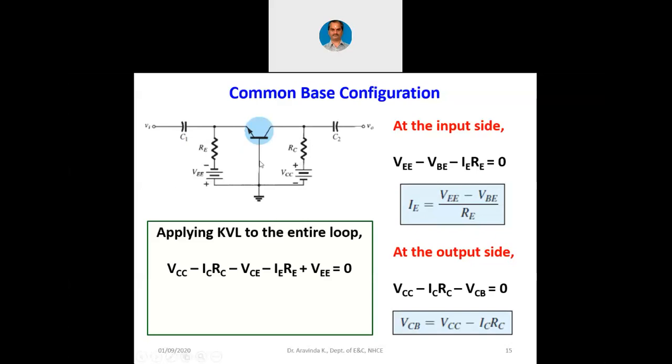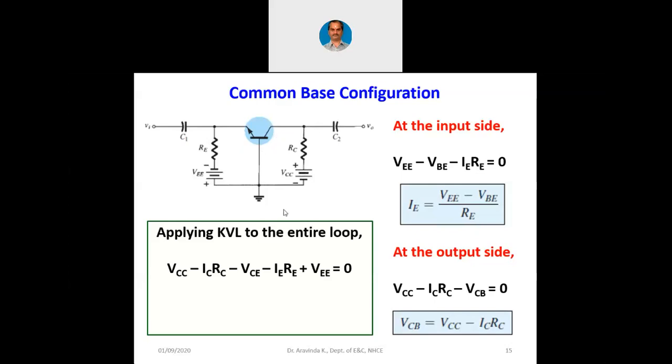Anyhow, you are going to work with all these analyses even in the course called network analysis. There you are going to use a lot of mesh analysis and node analysis concepts. But as far as the course of analog electronic circuits is concerned, just remember this: any voltage drop across any resistor is basically a loss, and the power supply applied to the circuit itself is positive, because we conventionally take that current flows from positive to negative.